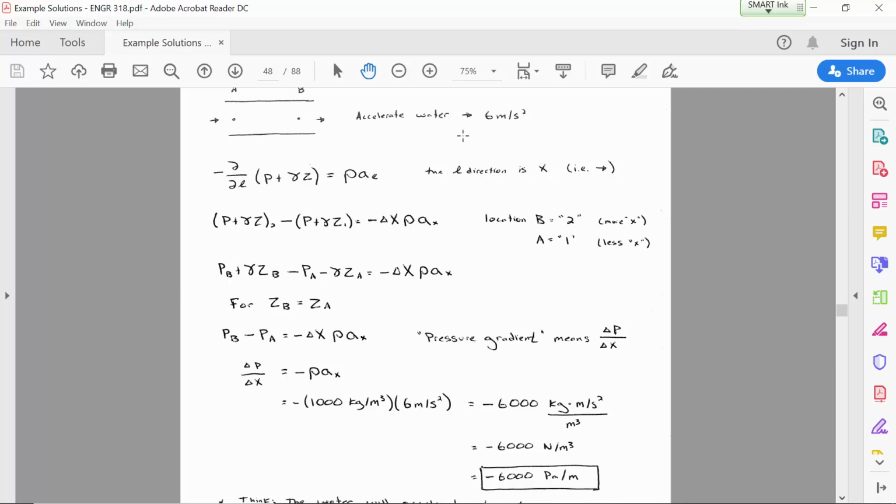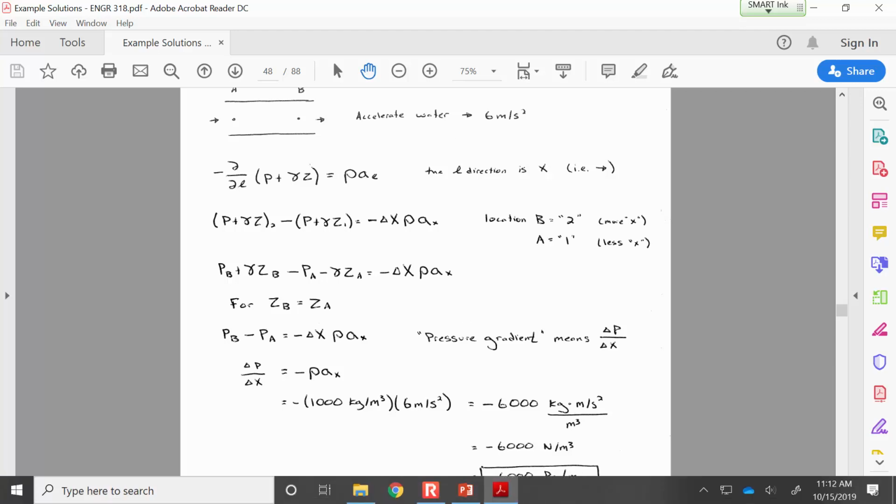So the fact that we have a negative sign here, negative 6,000 pascals per meter, that makes sense. If positive x direction is to the right, what this is saying is that for every meter to the right that you go, the pressure is decreasing by 6,000 pascals.